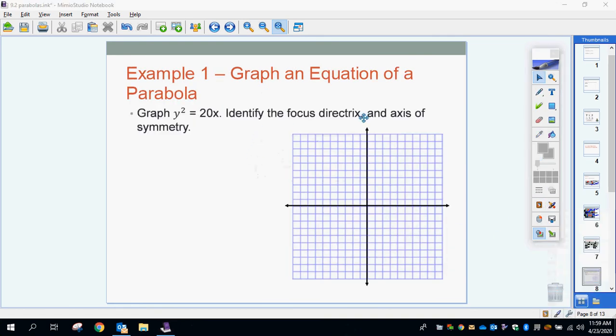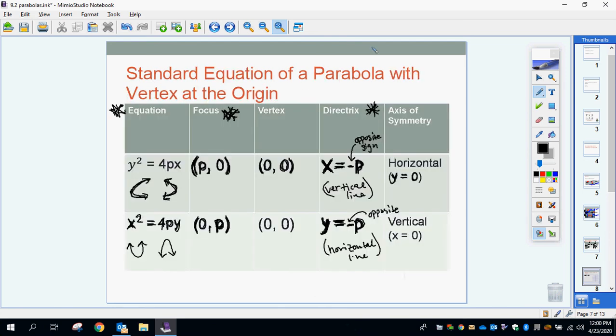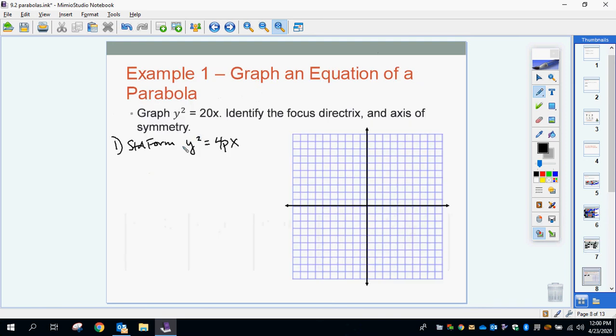Our first type of example is going to be graphing a parabola. So for step one, we want to make sure it's in standard form. If this says y squared equals 20x, the original equation would be y squared equals 4 times p times x. When I say standard form, I mean get y squared by itself, which it already is.